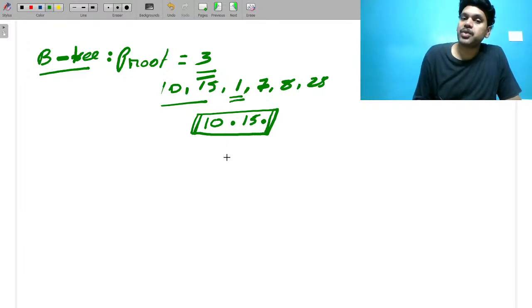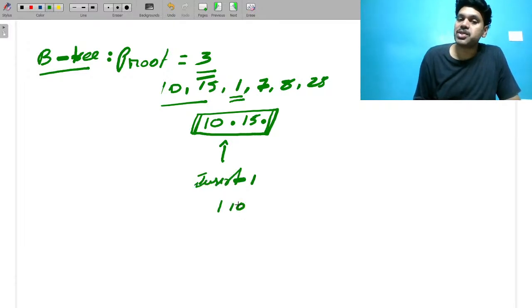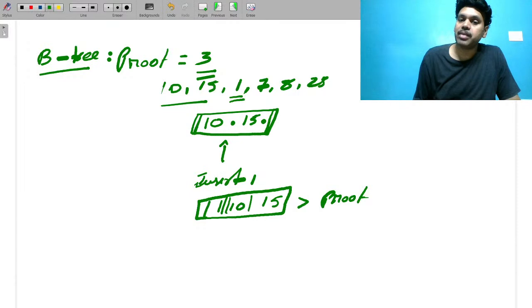Now I want to insert 1. When you insert 1, the same thing is going to happen. When you insert 1, it becomes 1, 10 and 15, which is greater than your capacity, because you are going to get 4 block pointers, 3 keys. That's why immediately you need to separate them. So the middle element goes up.